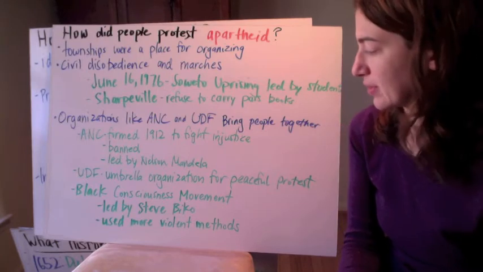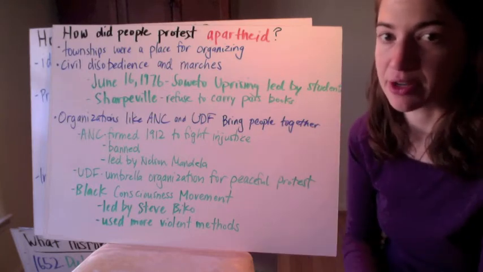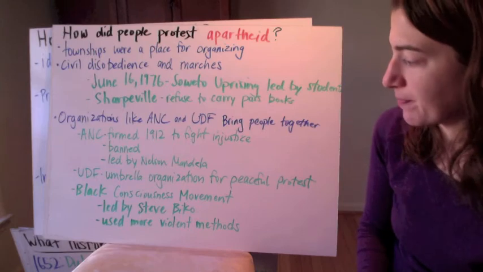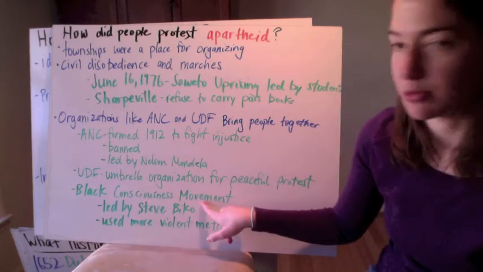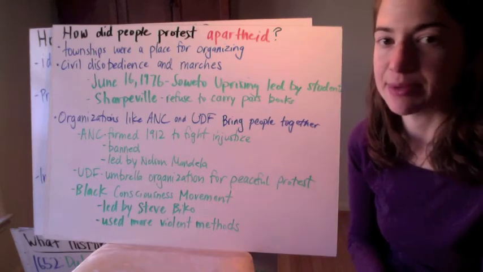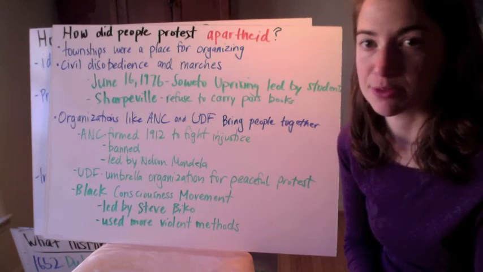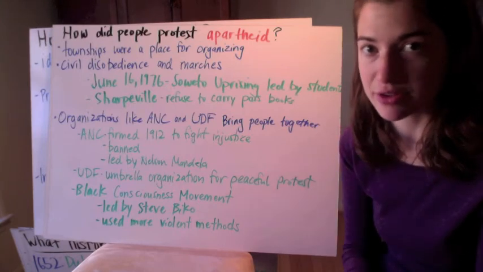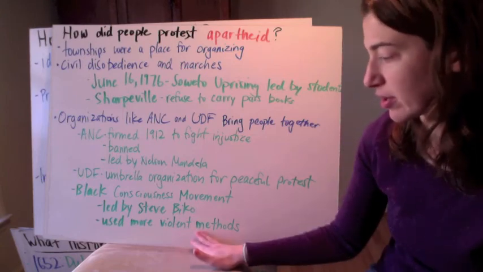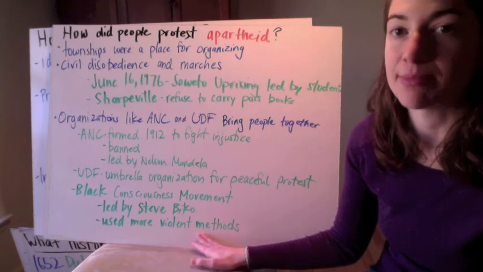So they brought a lot of people together to peacefully protest apartheid. And then there was the Black Consciousness movement. This was led by Steve Biko, and it was a movement that fought for black superiority. So just a complete takeover of South Africa. And he encouraged more violent methods.